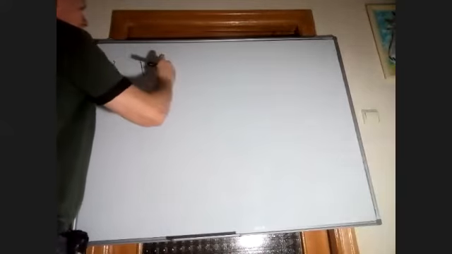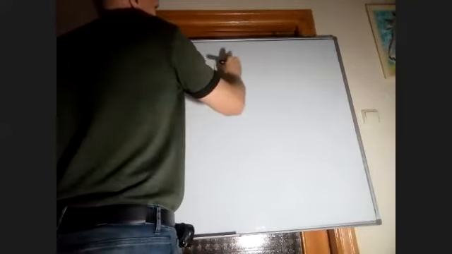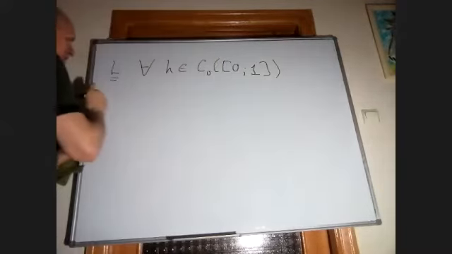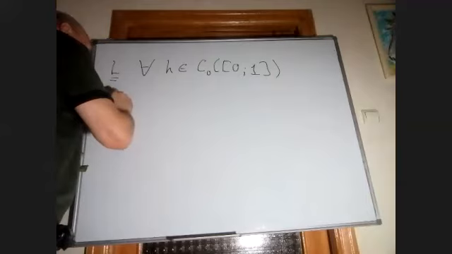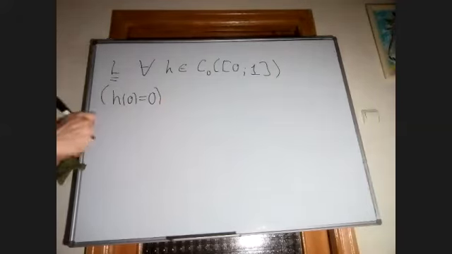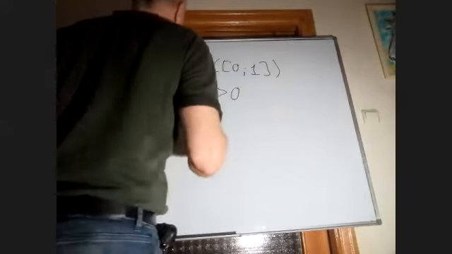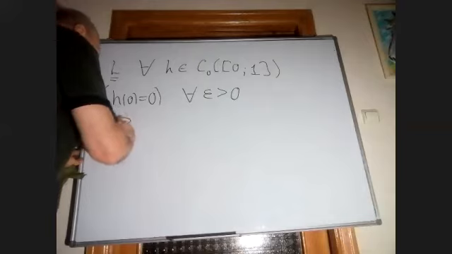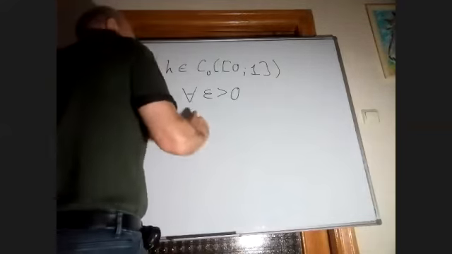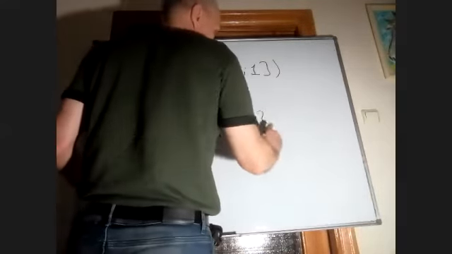For all h belonging to C_0[0,1], where the 0 means that h(0) equals 0, for all epsilon greater than 0, the probability that W as a random function belongs to the ball with center h and radius epsilon is positive.